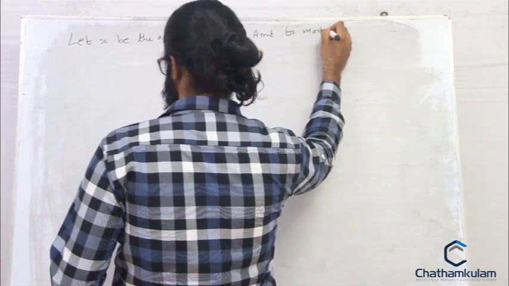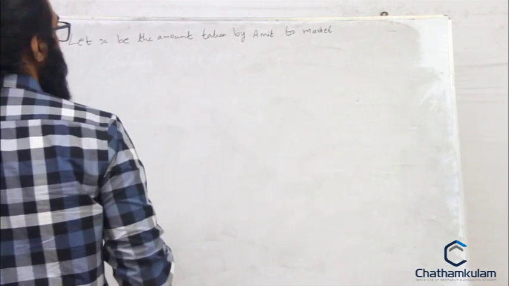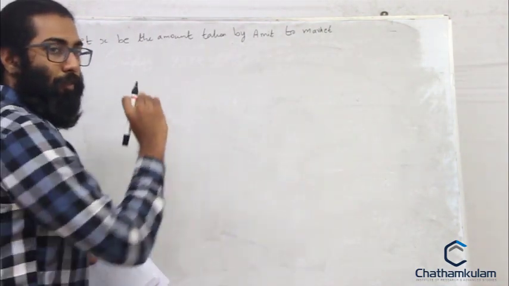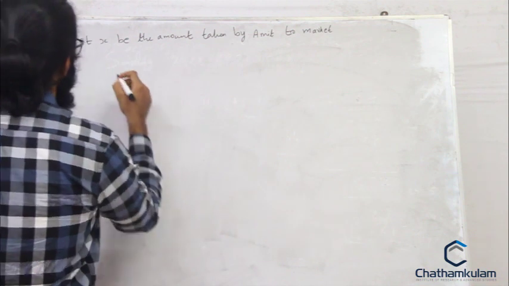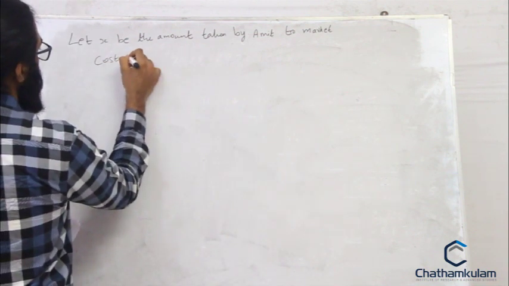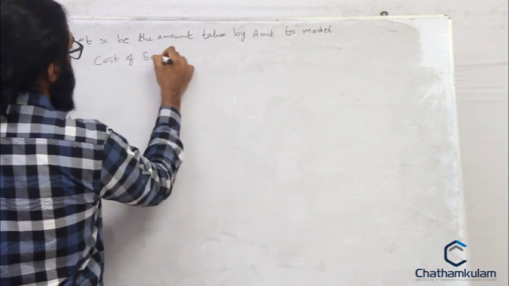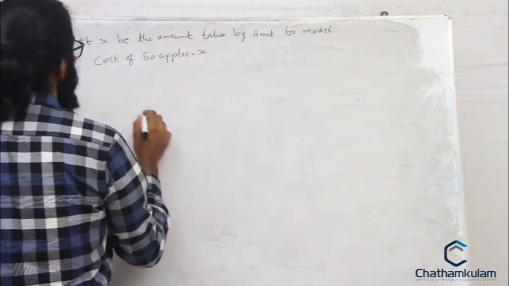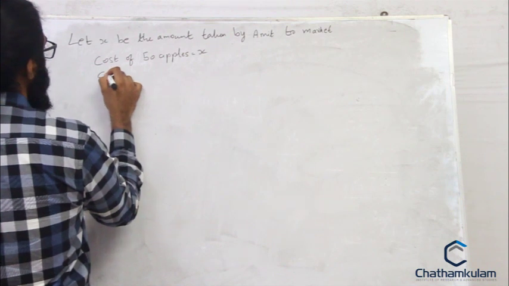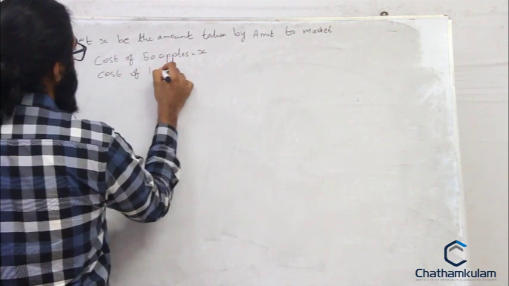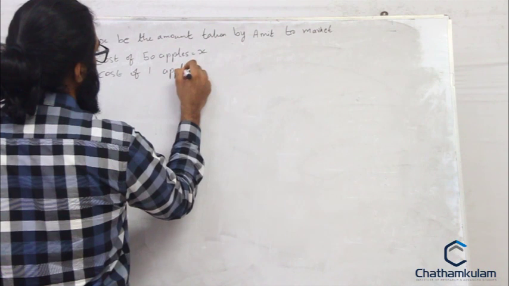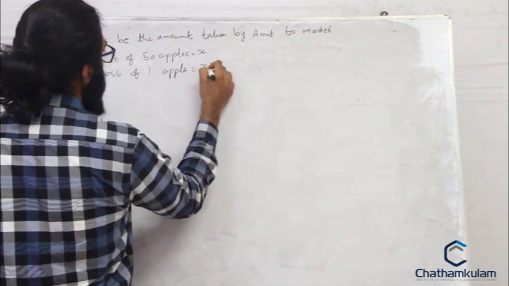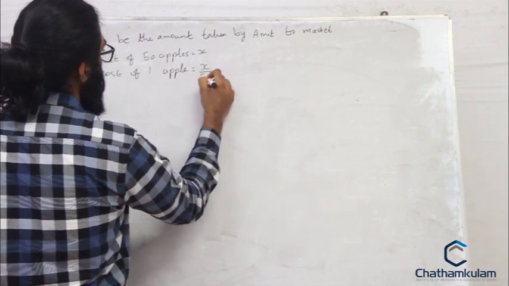So what is given in the question next? Cost of 50 apples. He can buy 50 apples with this amount. That is, cost of 50 apples is equal to X. So cost of 1 apple is equal to X by 50, right?